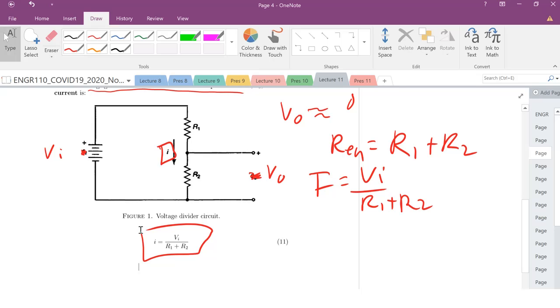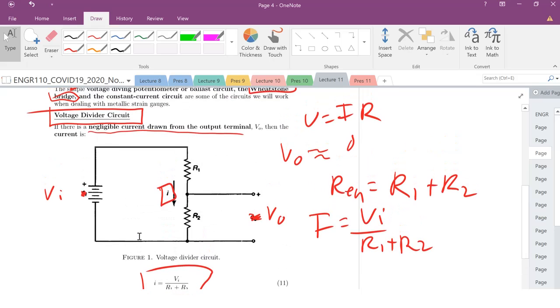So what happens if there's a non-negligible amount of current flowing through V naught there? How are we going to figure out the relationship with V naught? Well, if V naught is non-negligible, so not approximately 0, V naught is just I times R2, right?